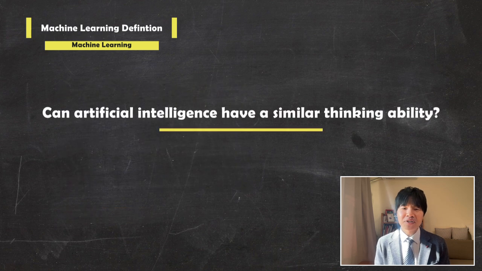These agents possess thinking abilities similar to humans. So, how do these agents acquire this thinking ability? That's what we're going to learn today, machine learning.